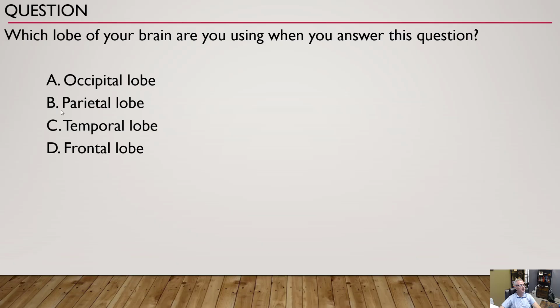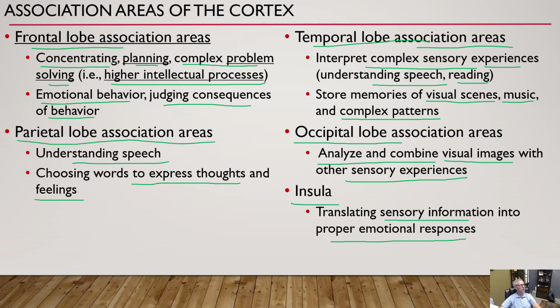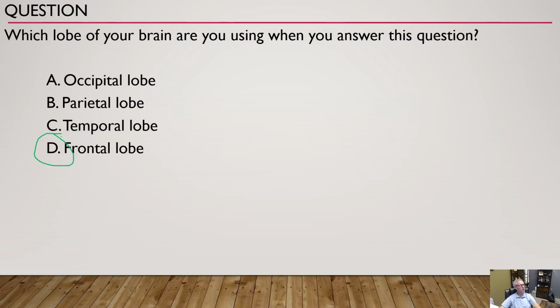Basically, the book says frontal lobe because you're thinking, you're concentrating, you're complex problem solving, you're using higher intellectual processes to answer this question. So the book says frontal lobe, which is probably the more correct answer.